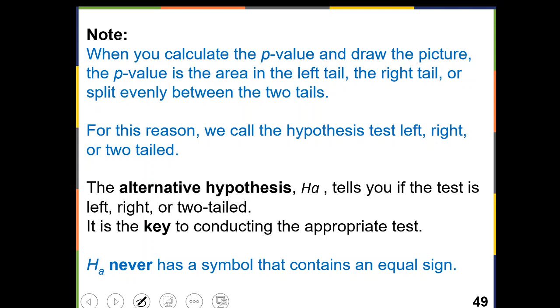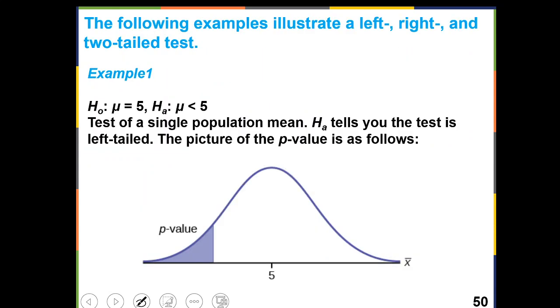So when you calculate p-value and draw a picture, the p-value is the area in the left tail, the right tail, or split evenly between the two tails. We talked about that already. So we're going to have either a left tail, then the p-value would be this much area. And how do we know it's a left tail? Because the alternative hypothesis is what? Less than.